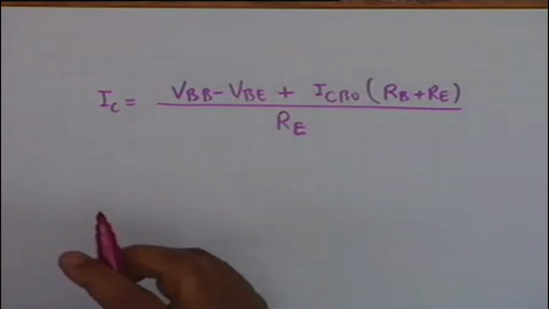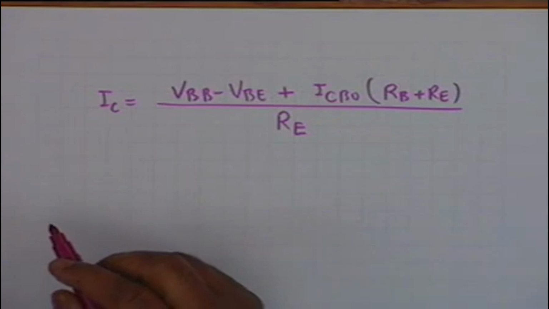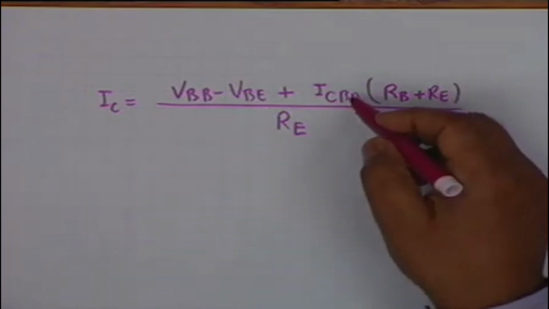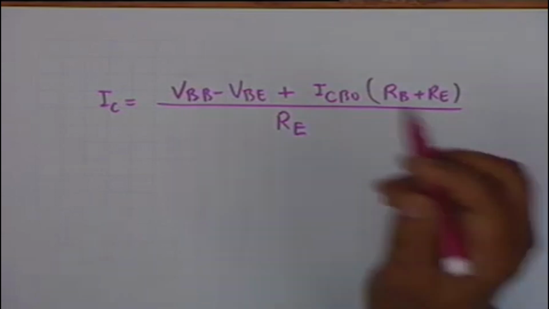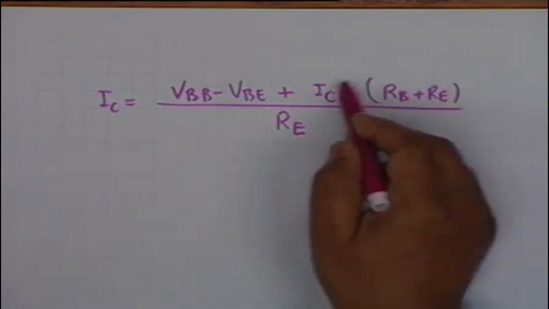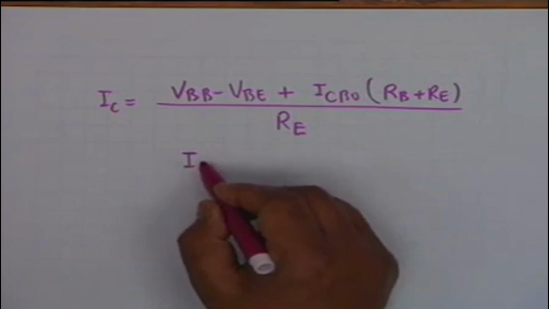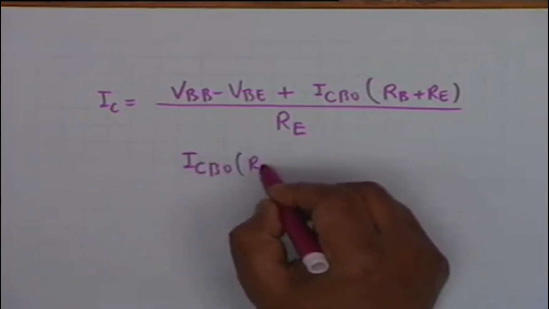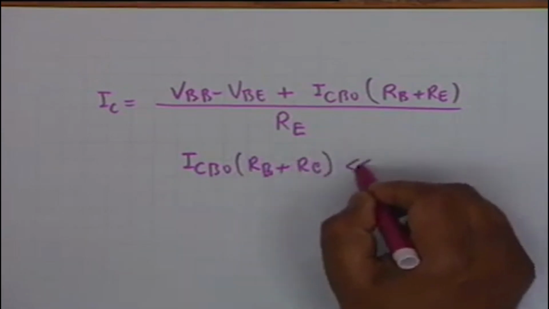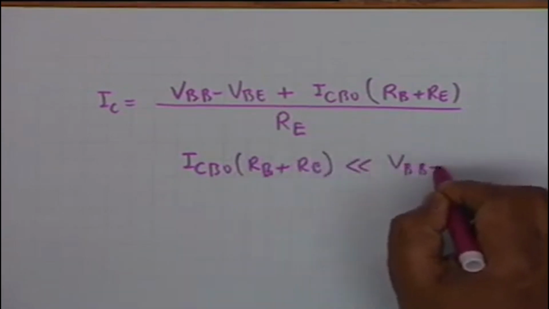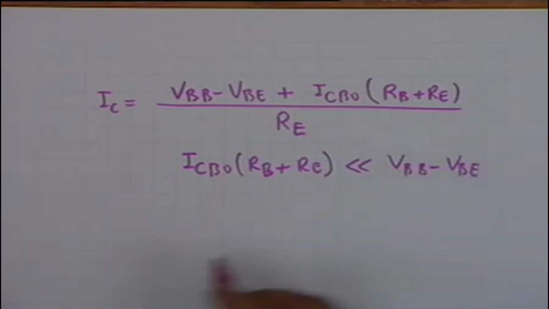Now, how do I reduce my dependence on ICBO? ICBO, as you know, doubles for every 10 degree centigrade rise in temperature. So what I have to do is make this term ICBO (RB plus Re) very small compared to VBB minus VBE.